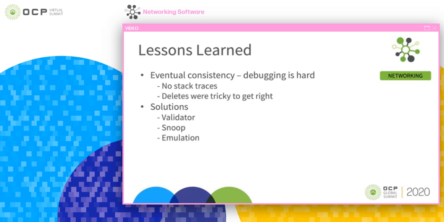First, we built a validator that can retrieve the state from distributed nodes and perform a series of checks and tell whether things are inconsistent or leading to routing loops. Next, we built Snoop, a utility that can give the sequence of events that are happening in a system.